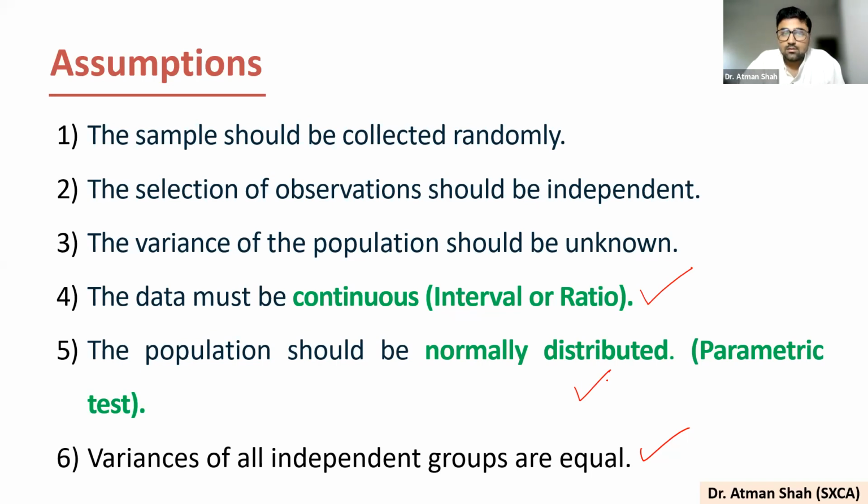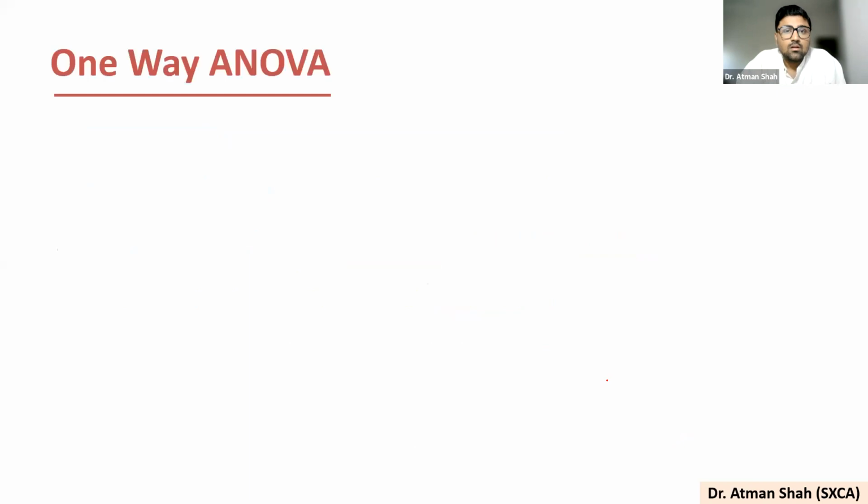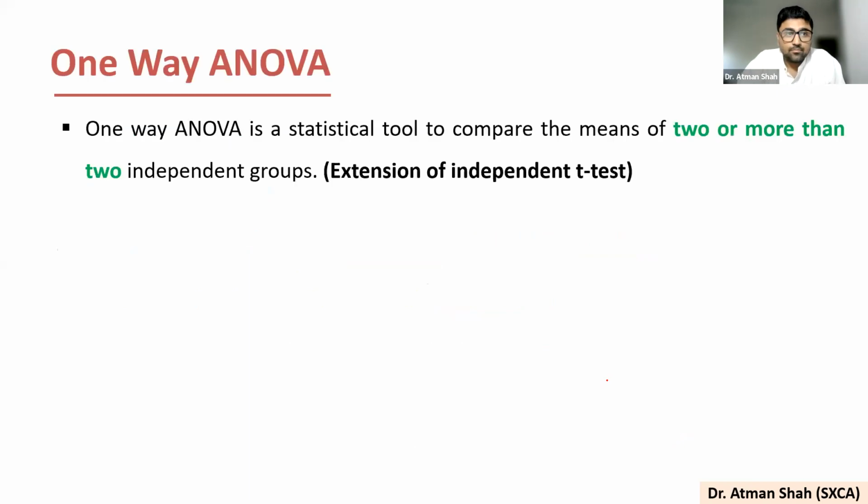Okay, now let's understand the idea of one-way ANOVA. What do we mean by one-way ANOVA? One-way ANOVA is a statistical tool to compare the means of 2 or more independent groups. So it is the extension of the independent t-test.